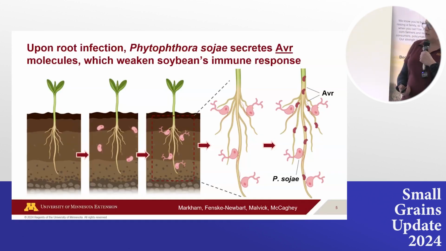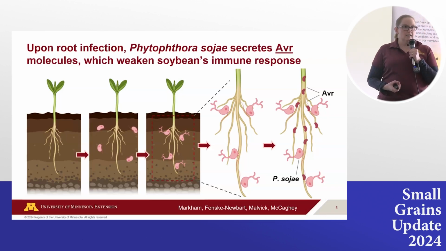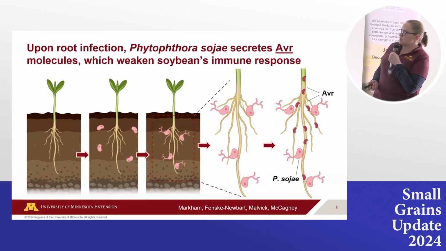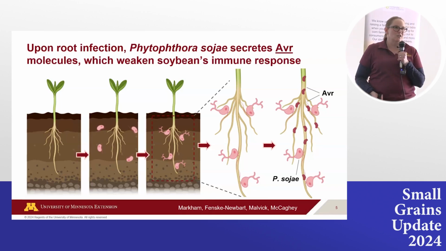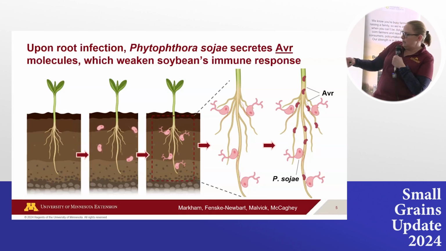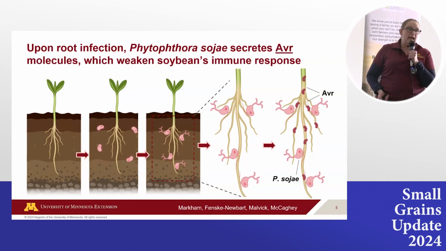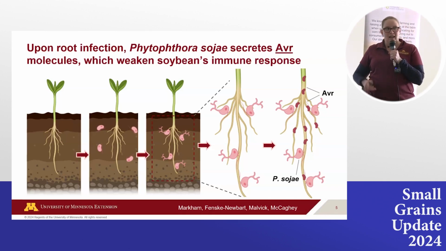So here's a nice little cartoon showing what happens below ground when a plant is infected or being infected by Phytophthora sojae. So starting over here on the left-hand side, these little pink blobs, those are spores of Phytophthora. They swim towards the root, and when they actually make their way to the root, they secrete something called an AVR molecule.